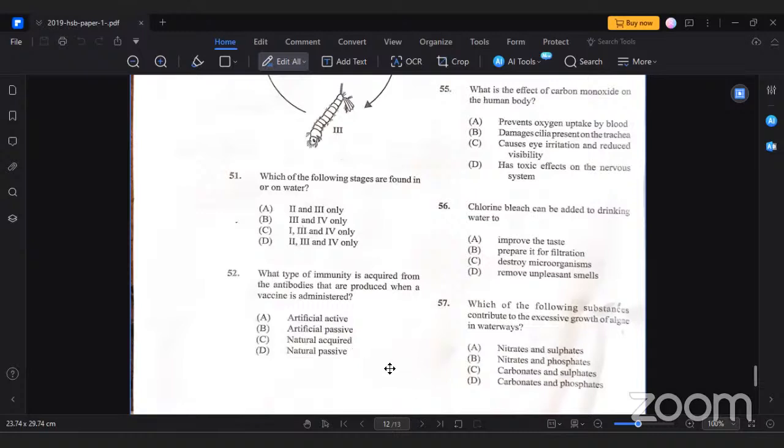B, artificial passive? C, natural acquired? D, natural passive? Send in your answers. Is it A, B, C, or D?